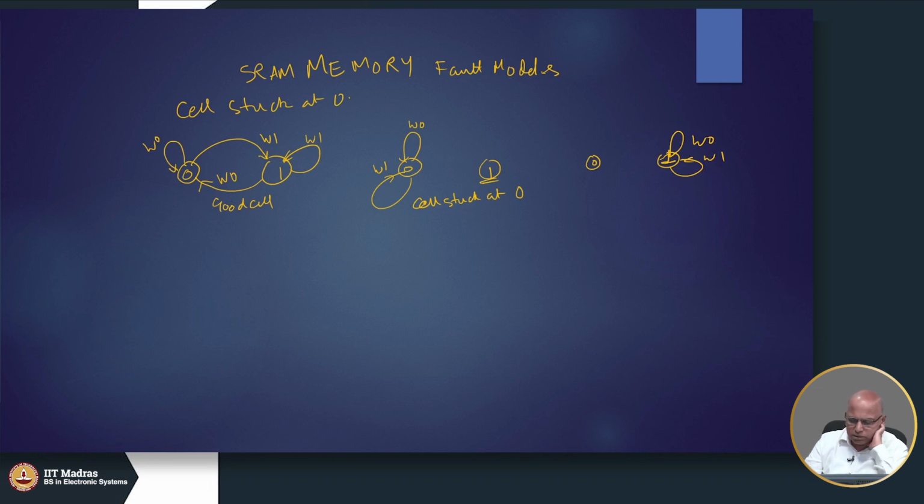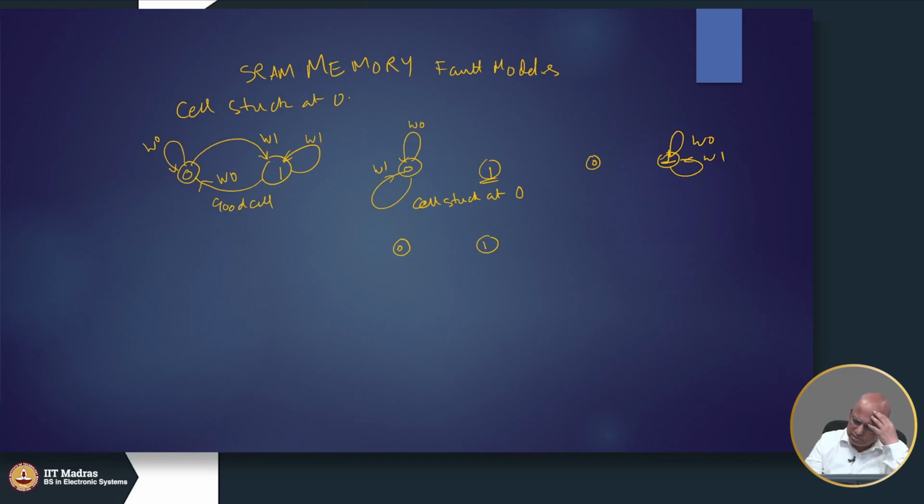Sometimes what could happen is, when you power on, the cell may come up in either 0 or 1. See, it may come up in state 1. We cannot control what is the state of the cell at the time of power up, that is purely random.